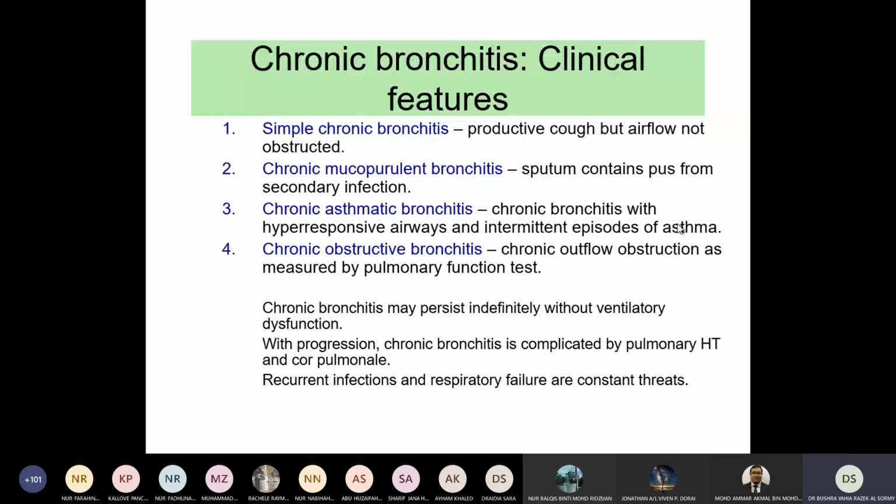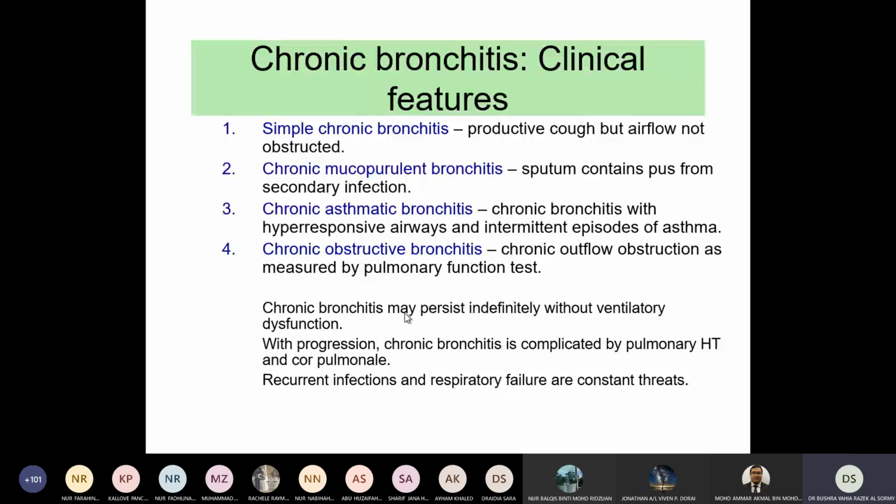Chronic obstructive bronchitis is chronic outflow obstruction as measured by pulmonary function test. Chronic bronchitis may be persistent without ventilatory dysfunction, or progress. It may be complicated by pulmonary hypertension and cor pulmonale, and recurrent infection leading to respiratory failure. Any question here?